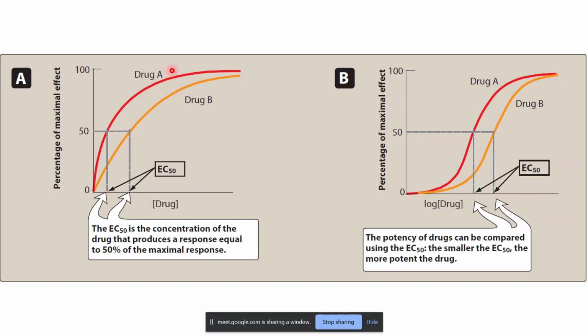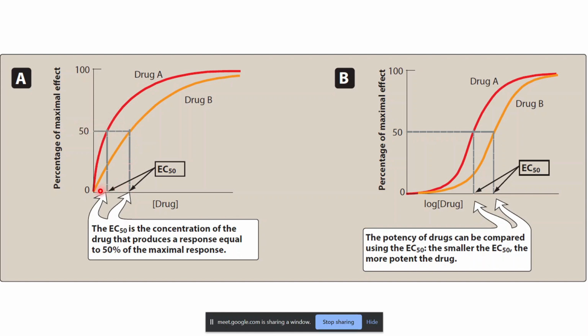So the red line, drug A, is more potent than drug B, that is orange, because less amount of drug A is needed when compared to drug B to obtain the 50% effect.